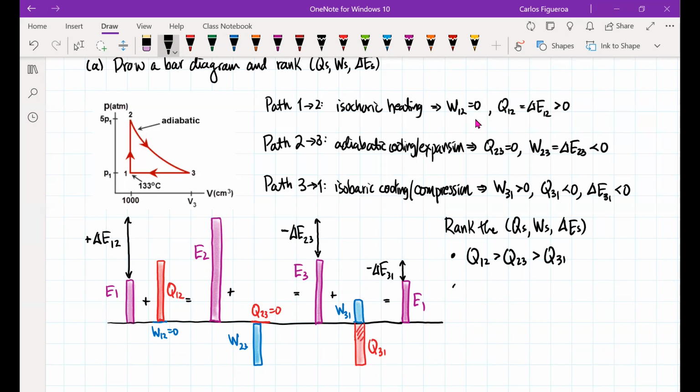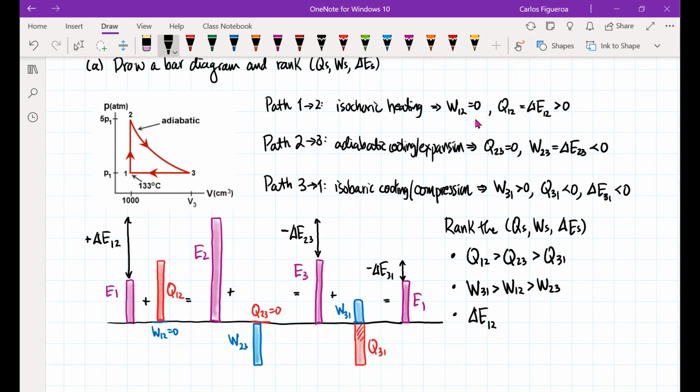Now let's look at the workings. If I look at the work, I only have one positive work, which is the work from 3 to 1. And then, again, 0 is bigger than a negative number, so therefore the work 2, 3 is the smallest. And then finally, I look at the internal energy. You can see that I only have one positive change in internal energy, which is 1, 2.